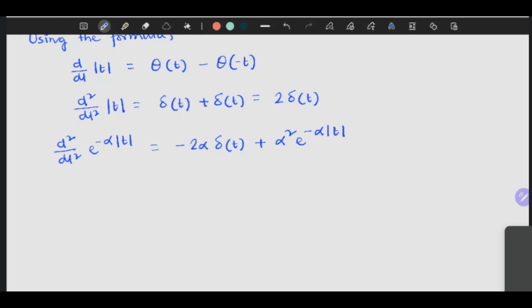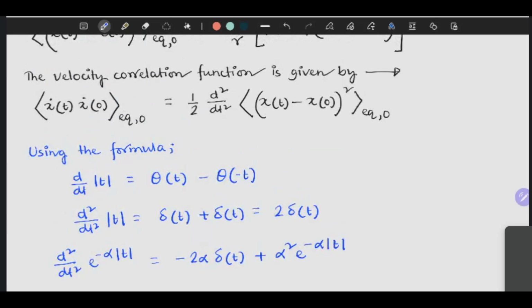So now you can use these relations explicitly in the expressions. Substitute those values and see what happens. You just have to do the algebra here and play around with the terms.